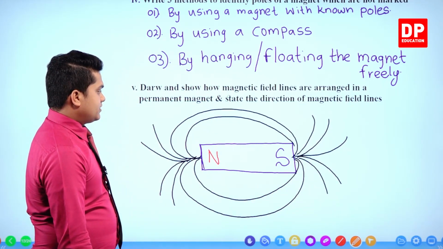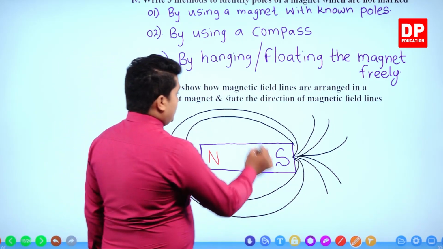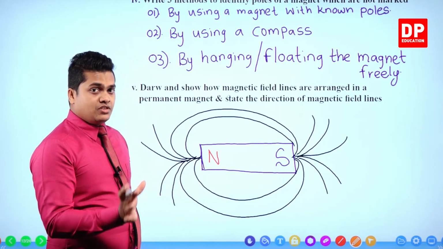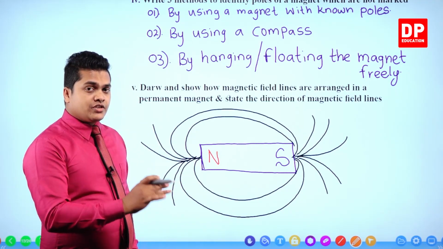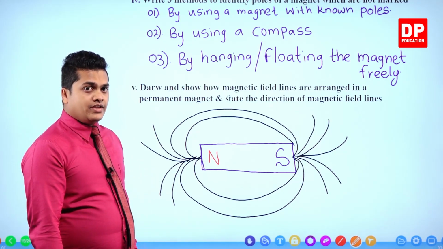We need to put the arrow to show the direction, because the question asks us to state the direction of the magnetic field as well. So we can draw it by using arrowheads.